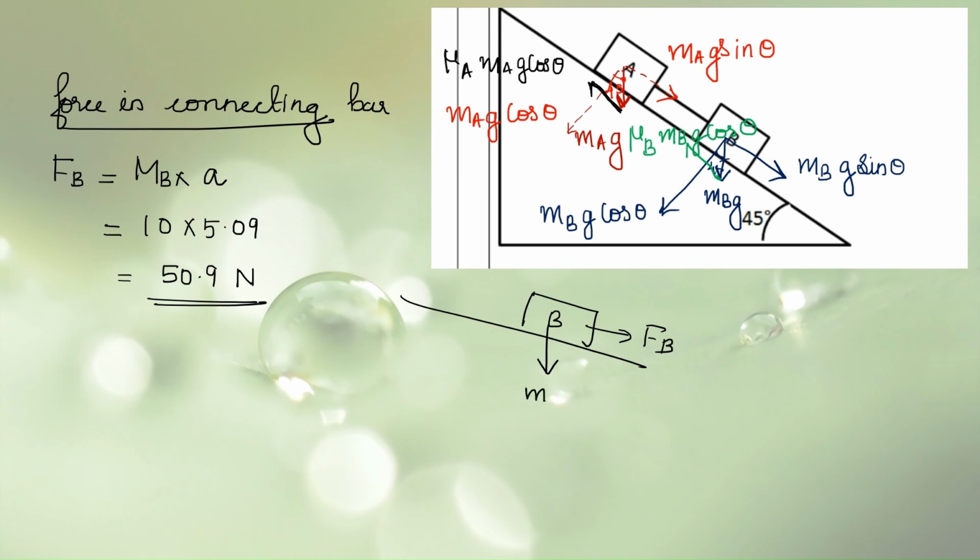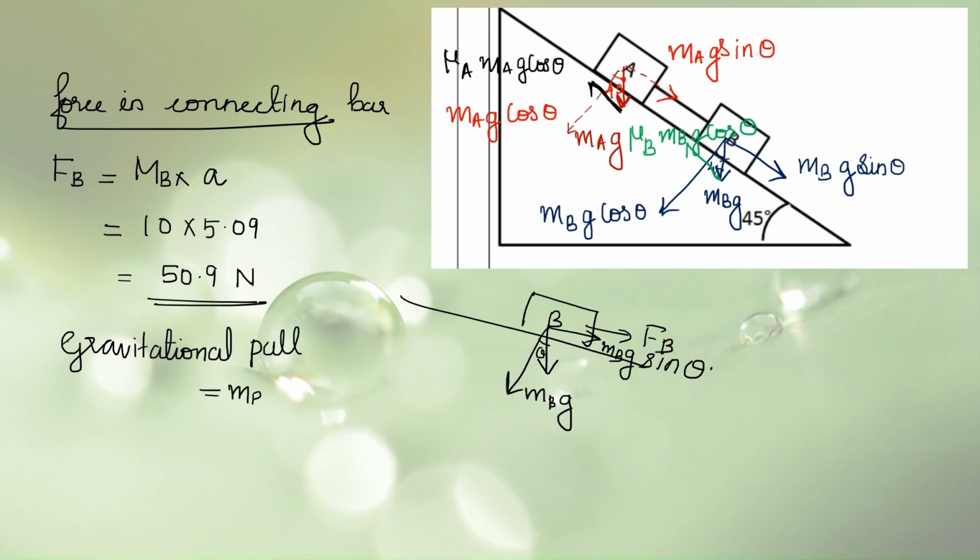This is MB into g, and in the inclined plane we are having a component of this gravitational pull, which is equal to MB into g into sin theta. I can write the gravitational pull, or we can write all the forces together and resolve them. Okay, gravitational pull is equal to MB into g into sin theta.